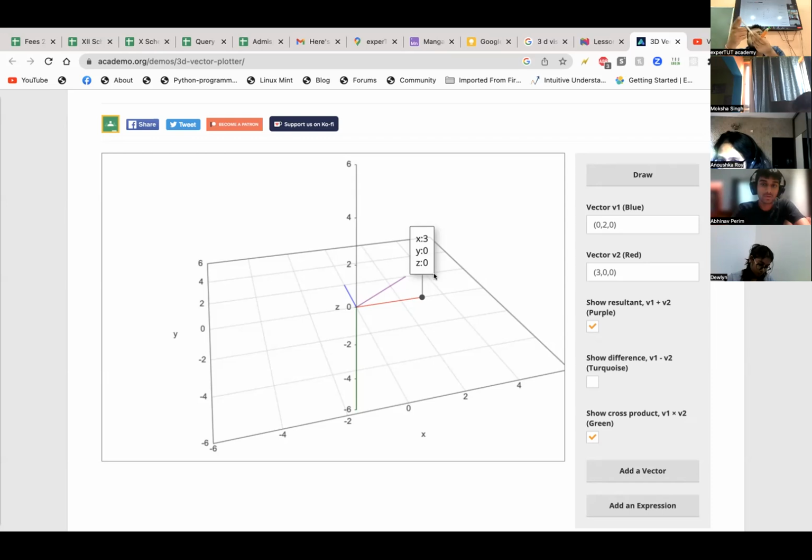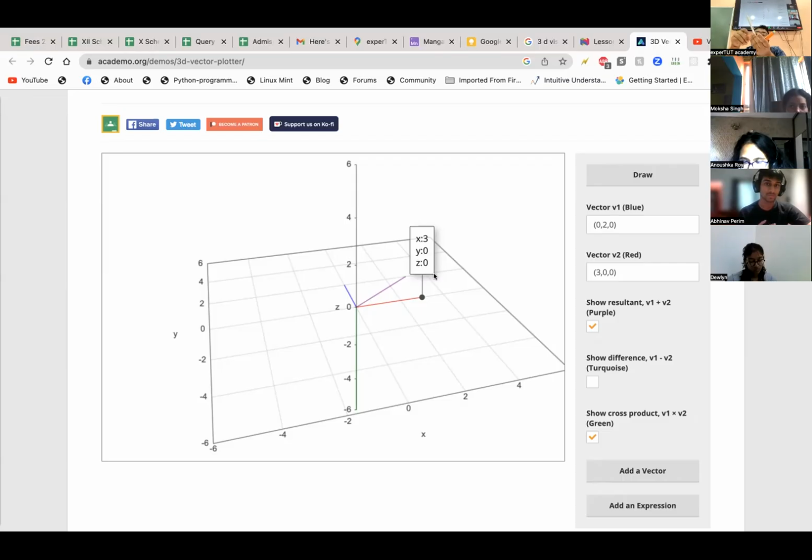You have three vectors, if they are not coplanar. So these are two vectors, and they are always in a plane. If these are A, B, and C, then A and B make a plane, B and C also make a plane, and C and A also make a plane. But if these are coplanar, all three planes are the same.